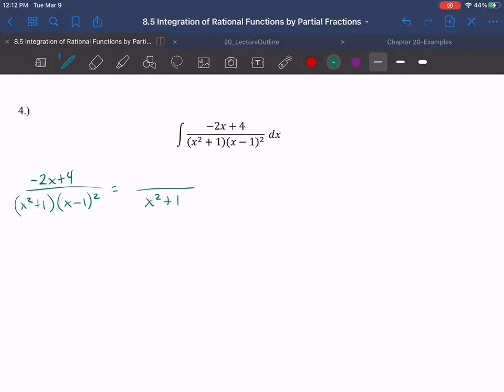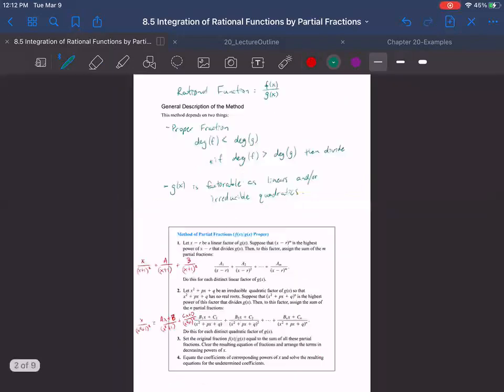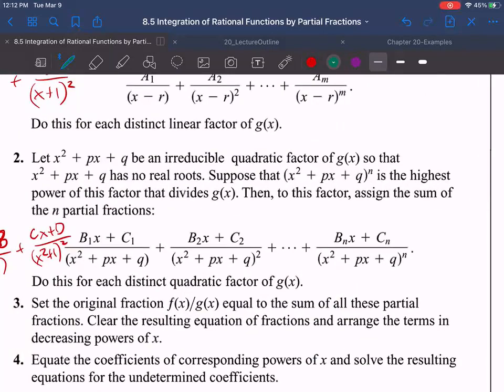A. Not a. Right? If we go back to our, how do we do this? That's the second step there, right? Is our quadratic there? That's what we're putting on top. AX plus B, not just an A, okay?